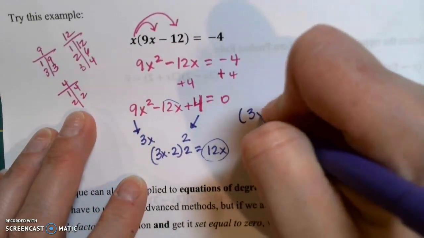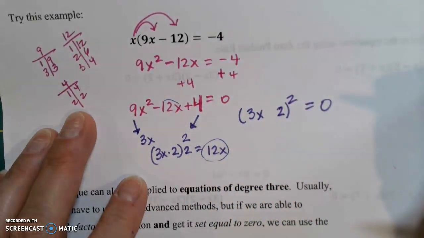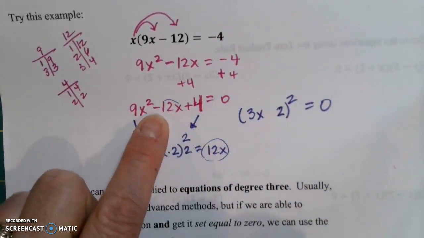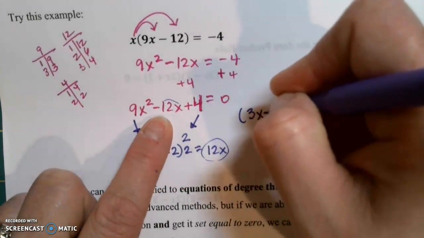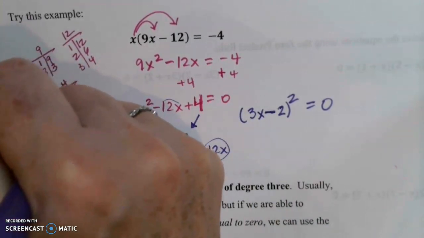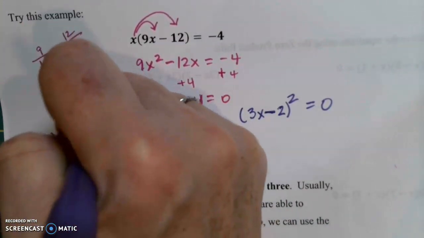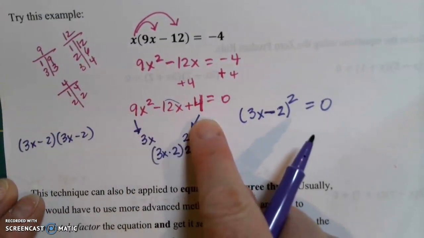So that means we'd have the quantity 3x and 2, squared, equals 0. And then remember to grab the operation symbol that is here on your middle term. So it'll be subtraction there. And go over here, or on your scrap paper someplace, and FOIL that out if you're not sure. Make sure that your factoring is correct.